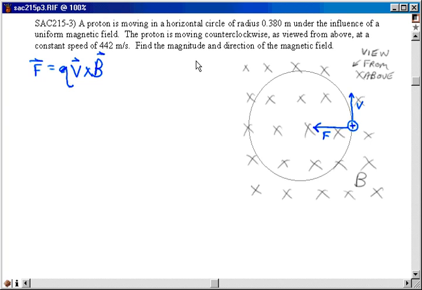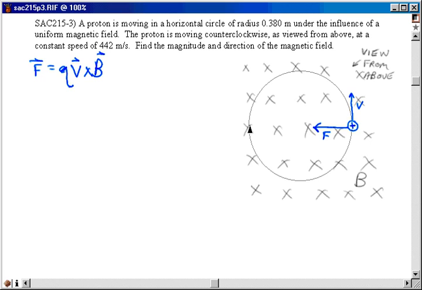Point the fingers in the direction of V, arrange the hand so that if I close the fingers, they point in the direction of B, and yet the thumb points to the left in this picture. And if it was up here with V going in that direction, I arrange my hands so that the fingers point in that direction and the palm is directed exactly downward, which in this case is into the screen, the thumb would point toward the bottom of the screen, which would again be toward the center of the circle.